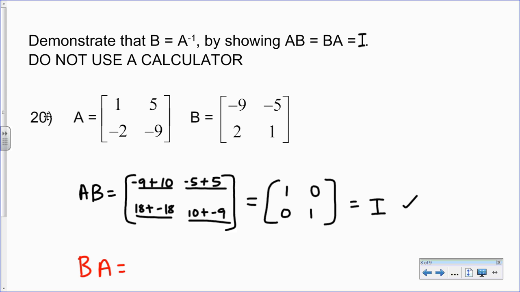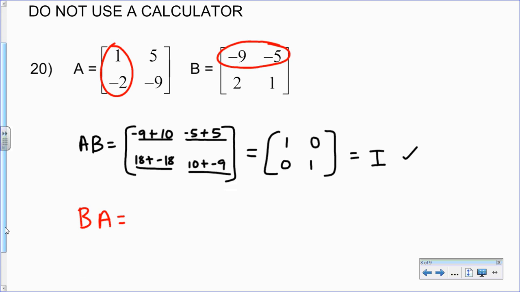But we're doing B first, so now we're doing rows of B and columns of A, because it's B times A. So -9 times 1 is -9, plus -5 times -2 is 10.